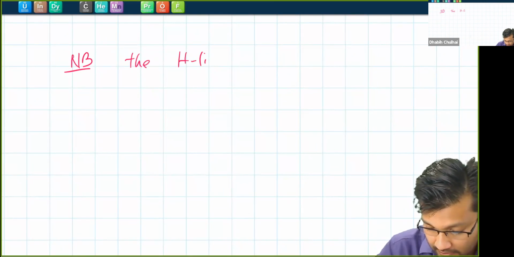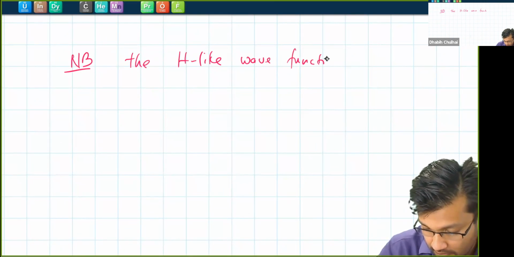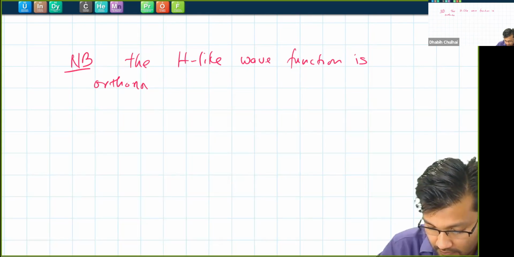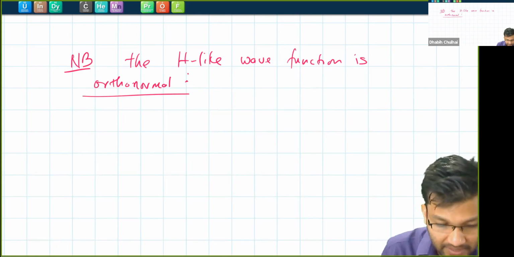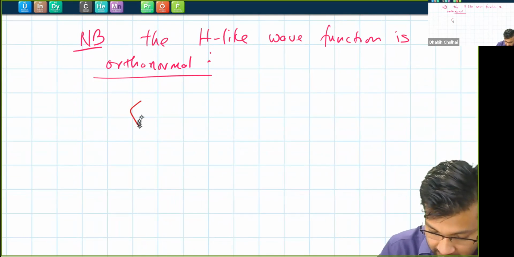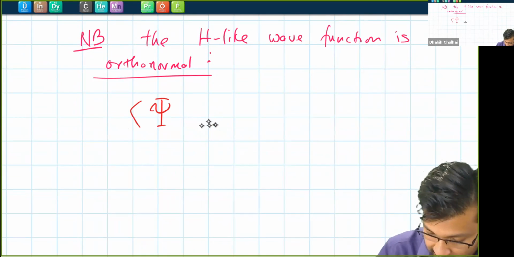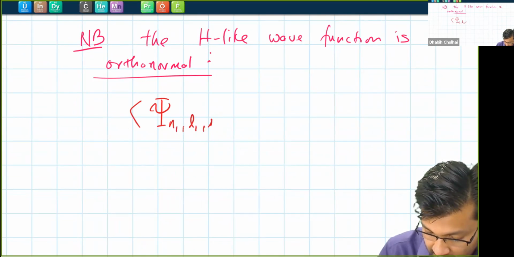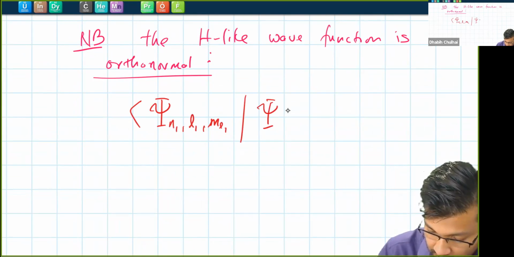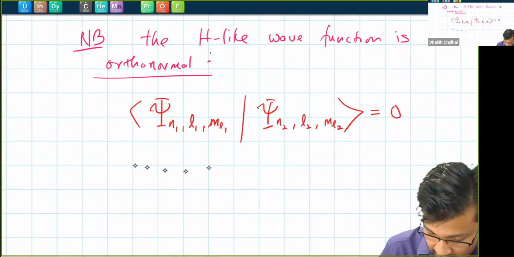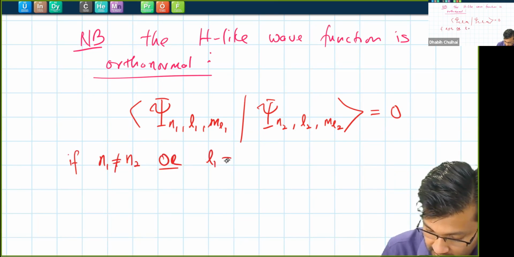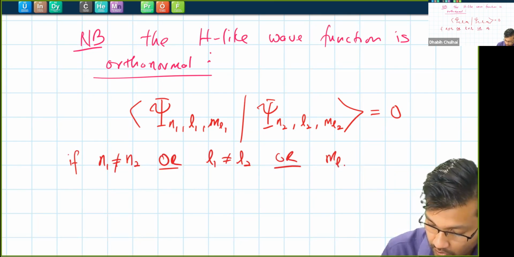And then finally, the last thing that I want to mention was the hydrogen-like wave function is orthonormal. I mean, they should all be orthonormal, but if you remember what that means, if we integrate, using this Dirac symbol that we talked about earlier, a wave function with some value of n, l, and ml, let's put a little 1 next to them, with a wave function with maybe some other value of n, some other value of l, and some other value of ml, this will be 0 if n1 is not equal to n2, or l1 is not equal to l2, or ml1 is not equal to ml2.